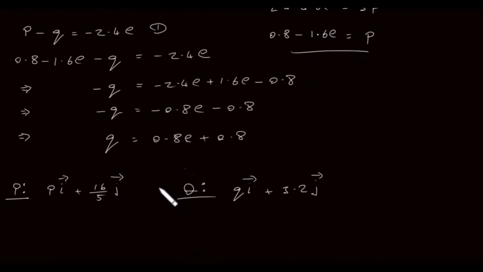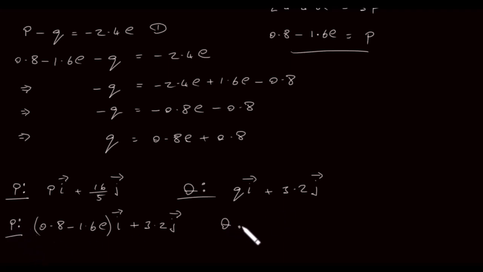So the p is 0.8 minus 1.6e i plus 3.2j. So this is our P sphere.